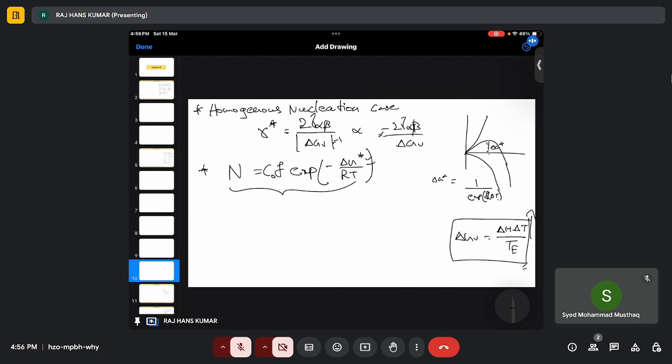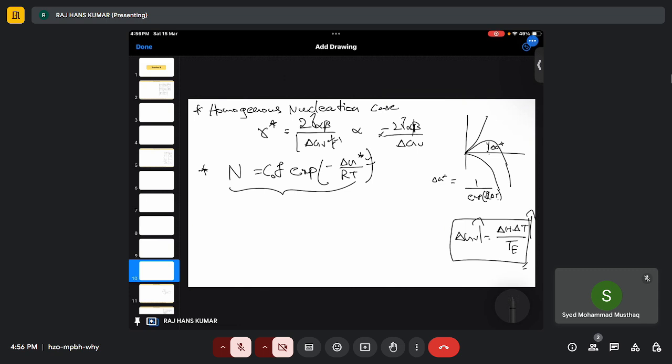So the higher the undercooling, the higher the delta GV value. So it finally boils down to this term, and if I substitute all those terms here, then the number of nucleation sites will increase if I increase the undercooling.